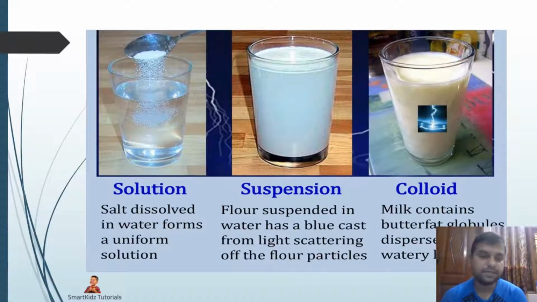We've seen examples of solution wherein we saw how salt dissolves in water and we can't see traces of salt at all in water. Then we have suspensions where suspended particles are present throughout the mixture. And then we saw what are colloids, as in the form of milk.